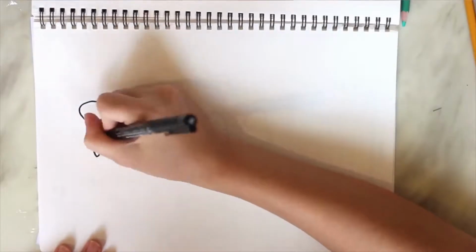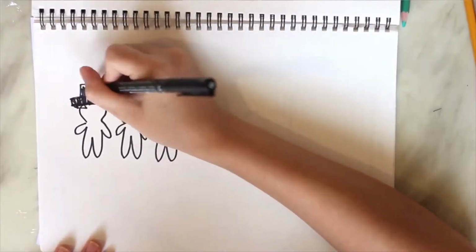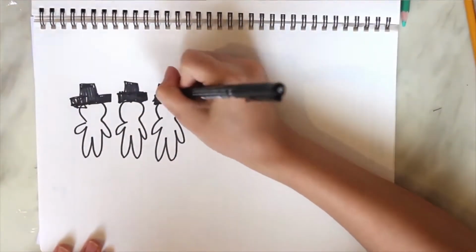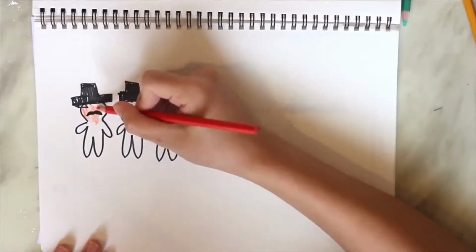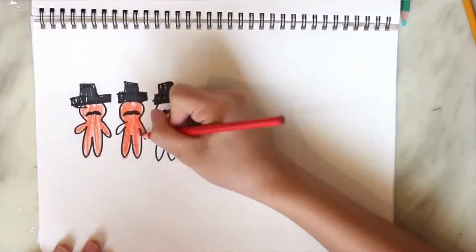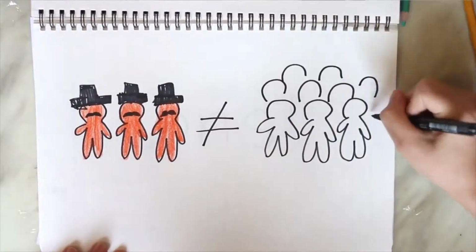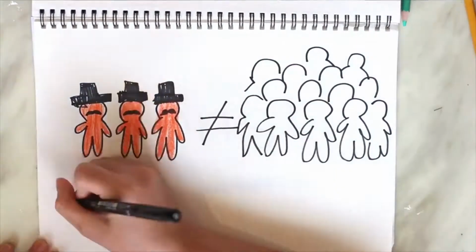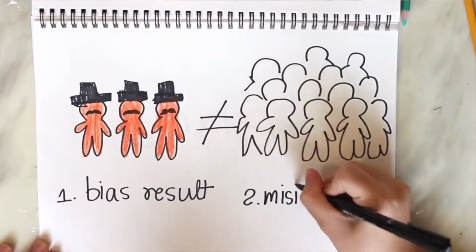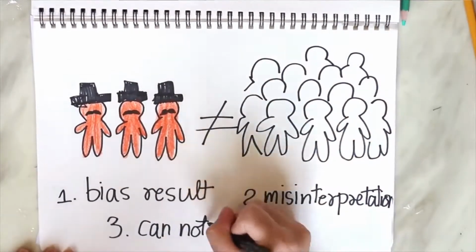However, there are drawbacks, which is the main reason why people don't really choose this: you can't generalize to the population. It's biased, very biased. And people could misinterpret the data you collected because it's a specific group of people.